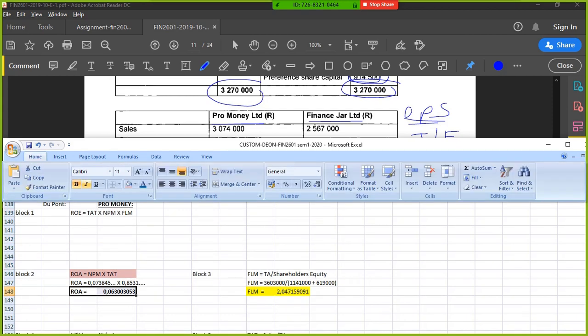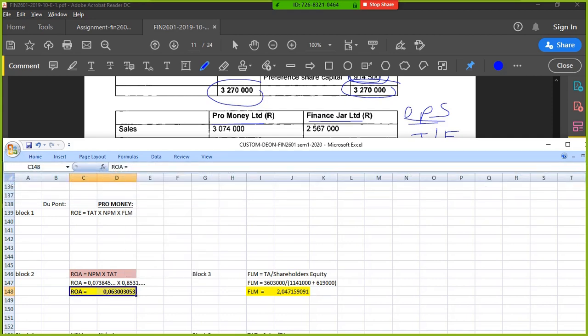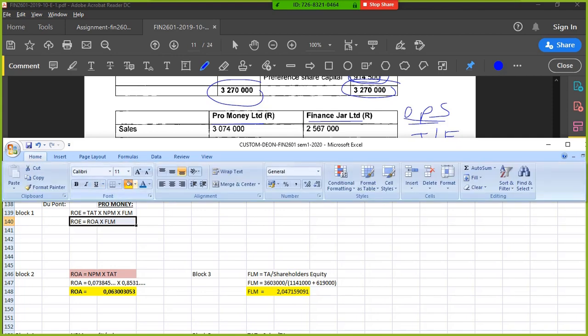Where do I need to use this? In this formula. Copy, paste. ROE is the financial leverage multiplier times the ROA. So now I can work that out.